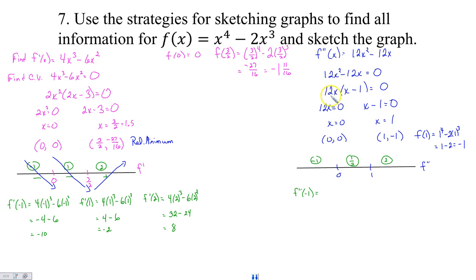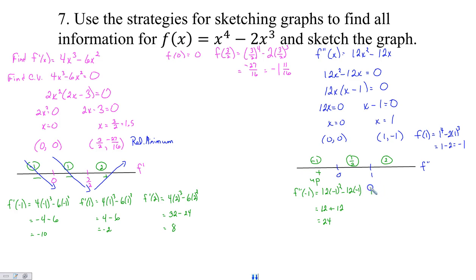So once again, I can use the factored form, or I can go back here. We can use 12 times negative 1 squared minus 12 times negative 1, kind of walking you through all of these pieces. 12, and this is going to be plus 12, and this is going to give me a positive 24. So it's positive here, which tells me that my function is concave up.